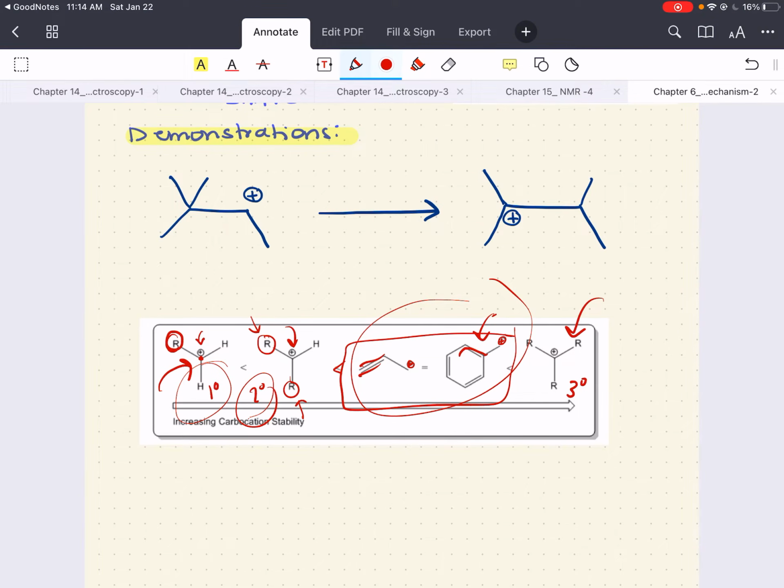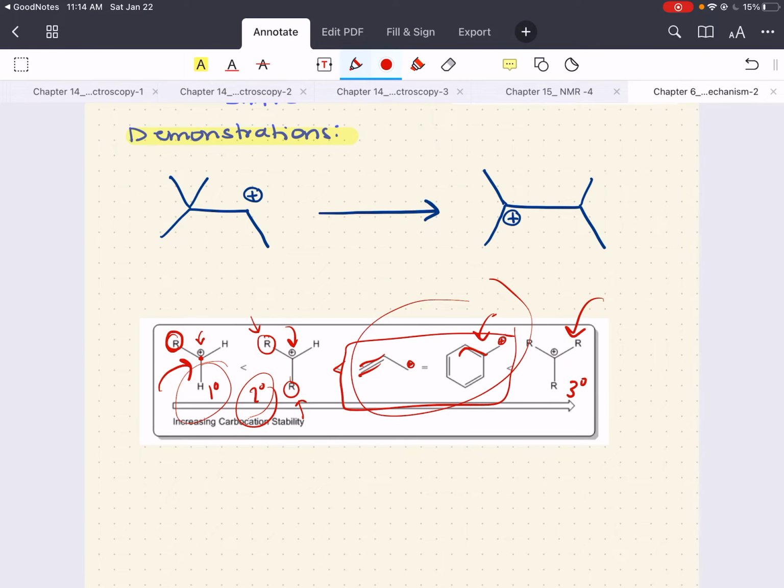Your least stable carbocation is your primary one. So keep this trend in mind. Our goal when we look at a molecule and see a carbocation is to ask ourselves if there is a neighboring hydrogen or methyl group that can move there and will result in a more stable carbocation form.